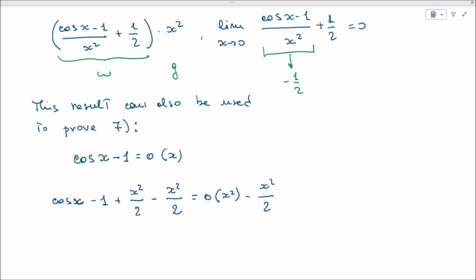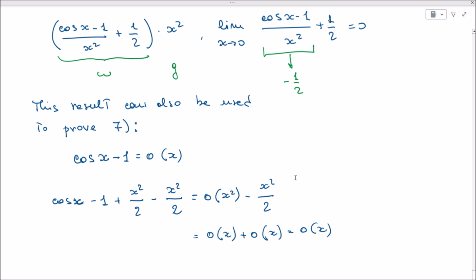And now we know that if it is o of x squared, we proved that this is small o of x, but also x squared divided by 2 is small o of x. So we have little o of x plus little o of x, which once again is little o of x. This is one of the algebraic properties of the little o.